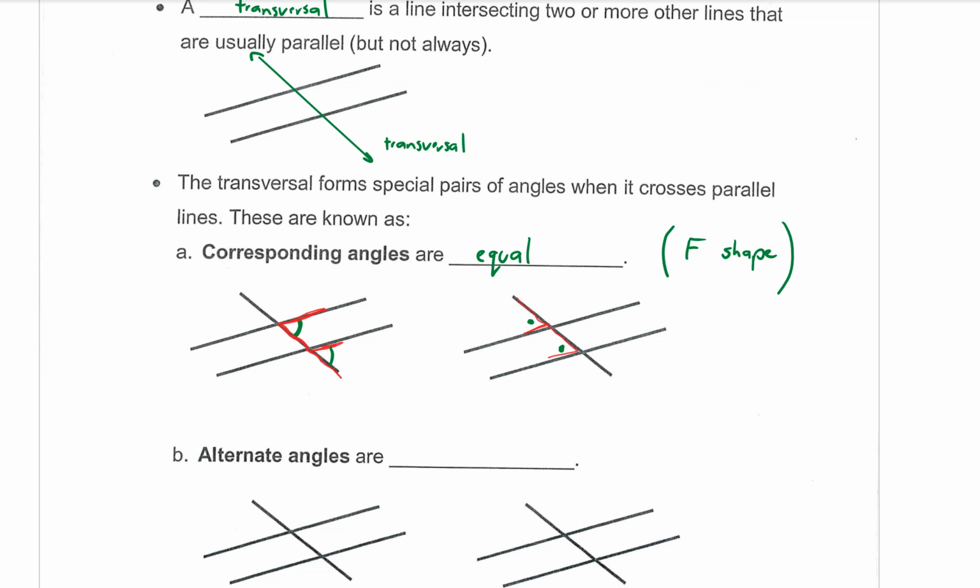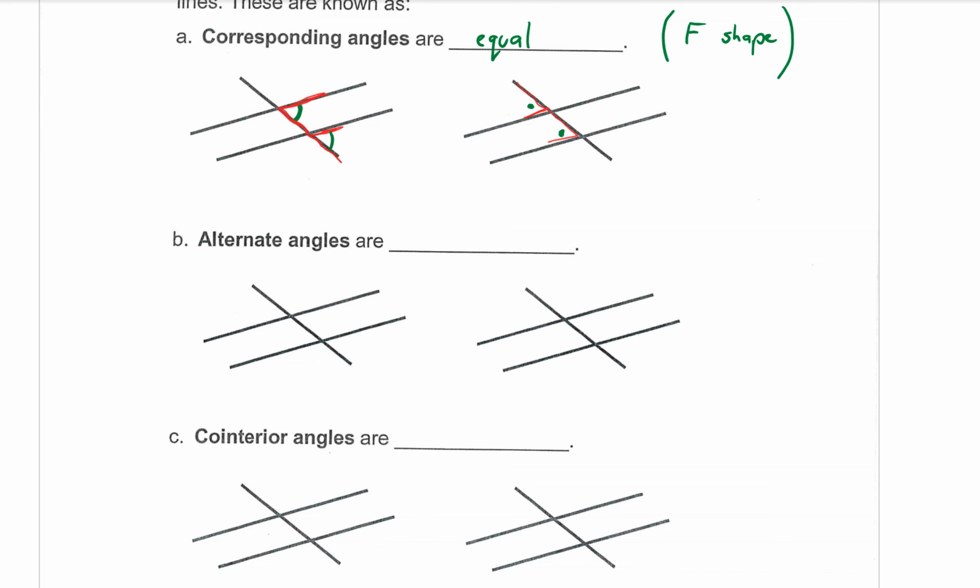The next one is alternate angles. These ones are also equal, but these ones form a Z shape. So if I start with my first angle, there's one angle. To make a Z, I would go like that.